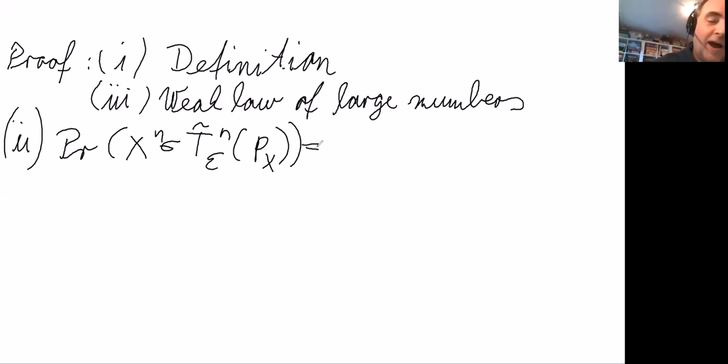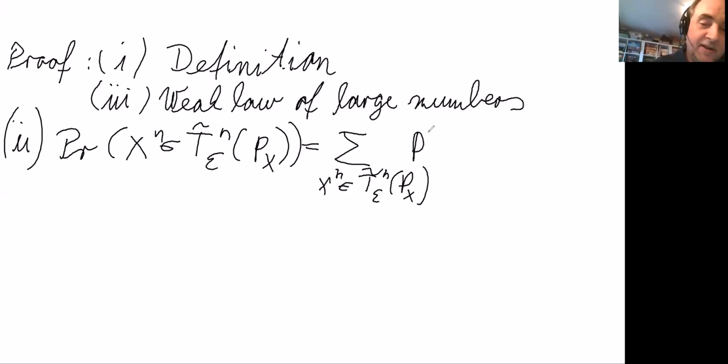Of course, we can write this probability as the sum over all sequences in the typical set and sum the probabilities. Now we know because of 1 that each of these probabilities is approximately the same.